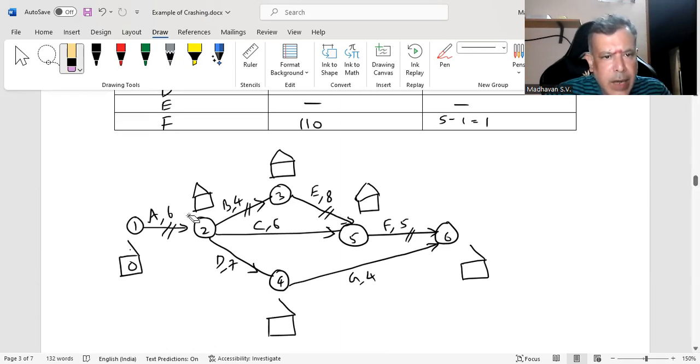We are planning to crash now activity A. So I will remove that number.